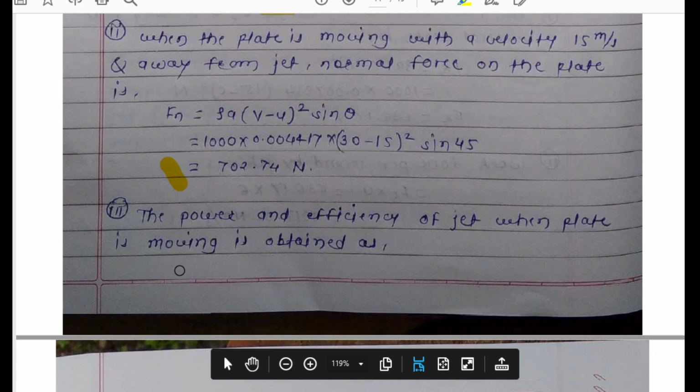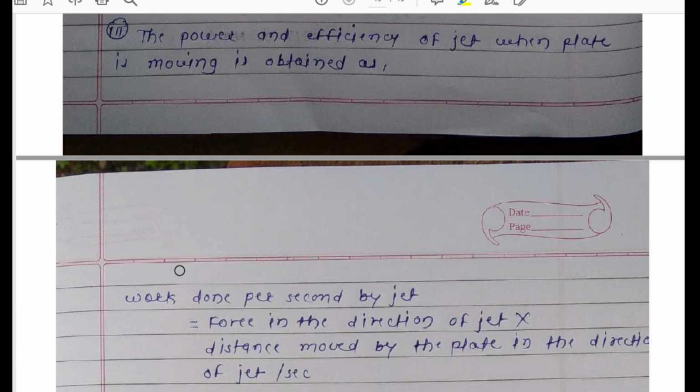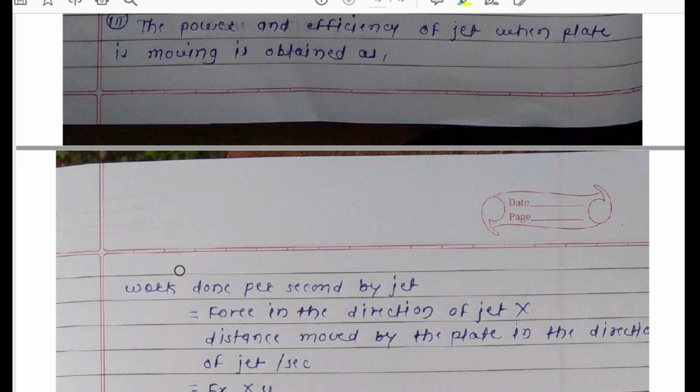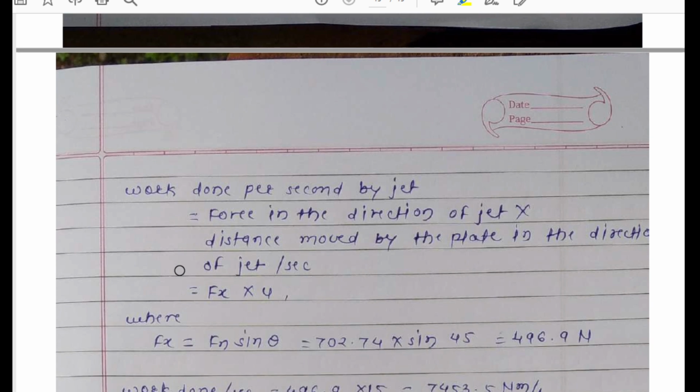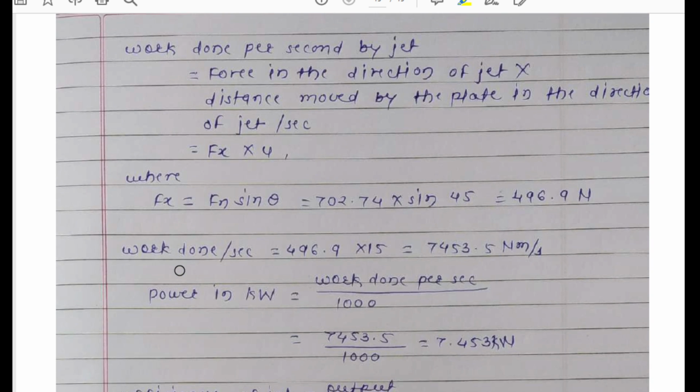And second thing, you have to find out the power and efficiency of jet when the plate is moving. How to find out the power? For that you first have to find out the work done by jet. We have to find out Fx and the velocity of plate. Fx can be easily calculated: Fn sine theta will be your Fx.